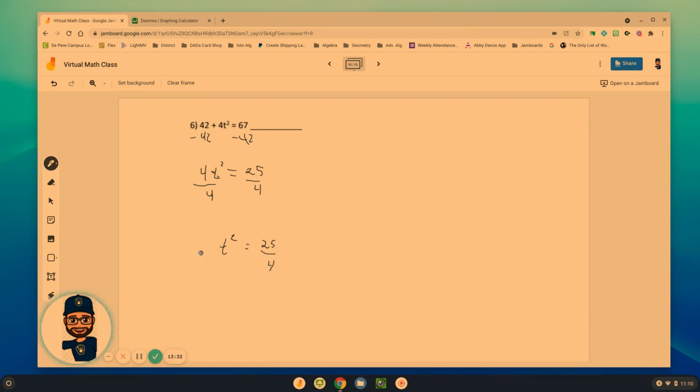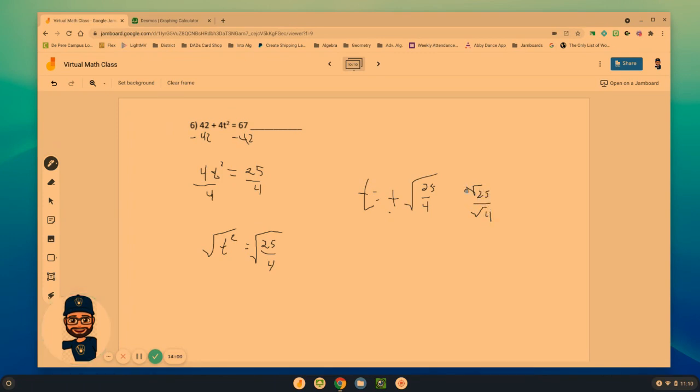Last step then is to take the square root of both sides, meaning t equals the positive or negative square root of 25 over 4. However, when we have a fraction in there, we can actually say it's the square root of the top over the square root of the bottom.